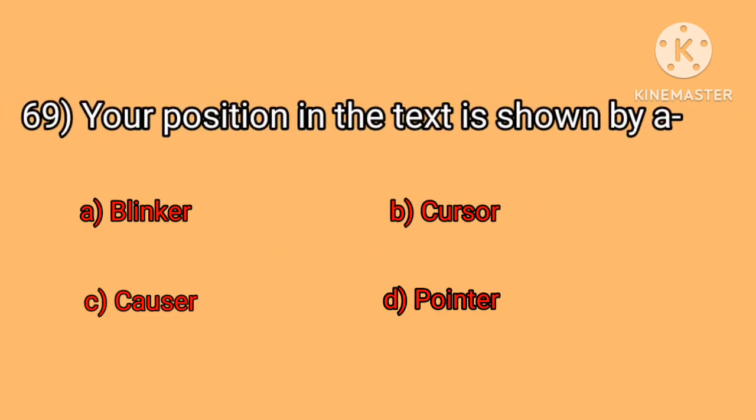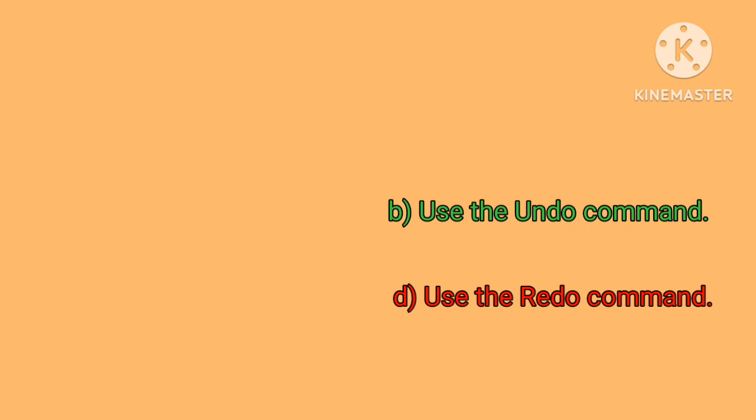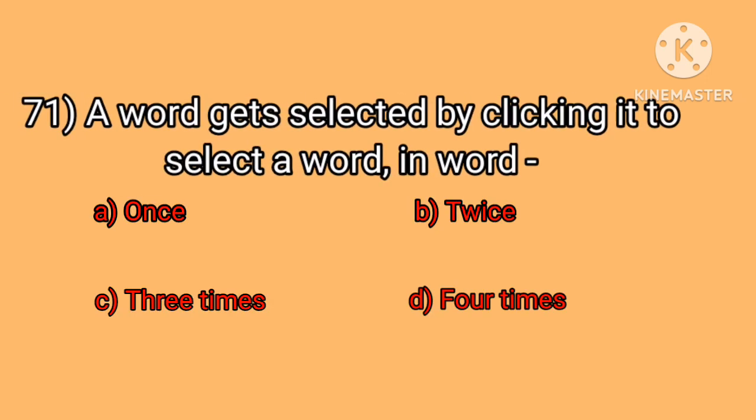Your position in the text is shown by a blinker. To reverse the effect of your first action in Word, use the undo command. A word gets selected by clicking it to select a word in Word.